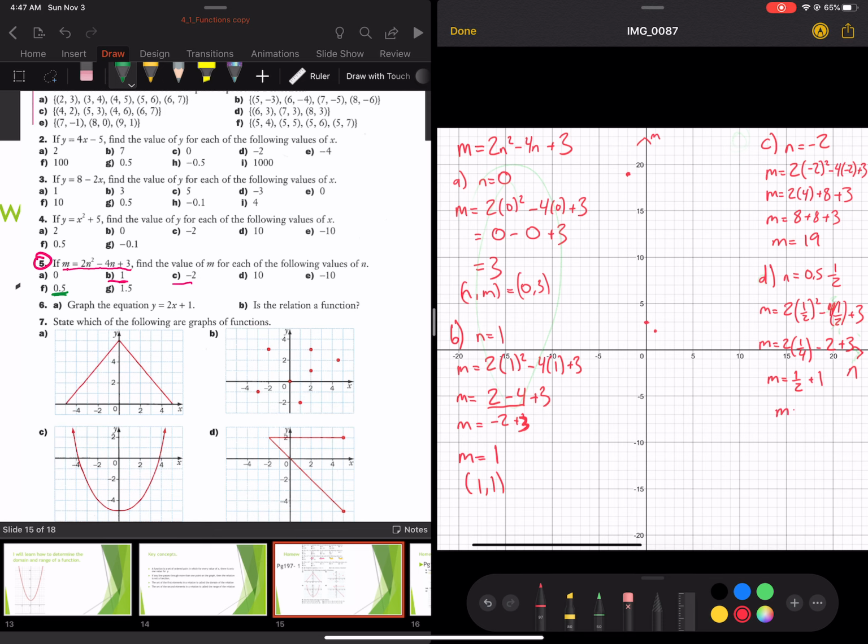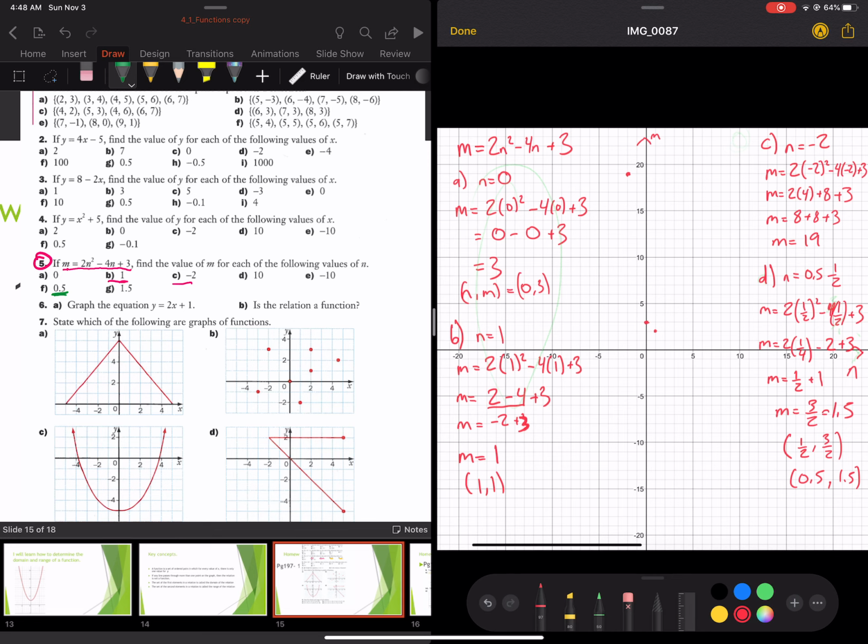M equals 1.5, or 3 over 2. So our point is 0.5, 1.5.